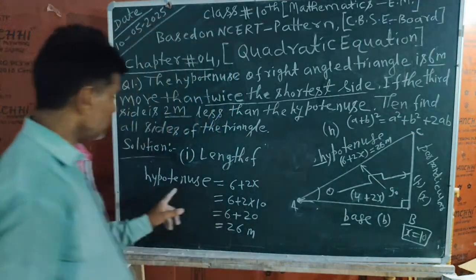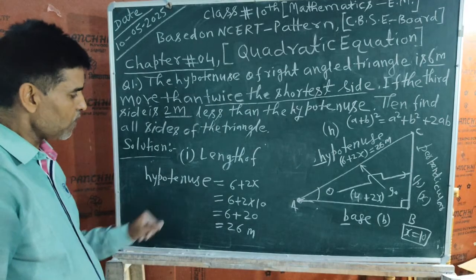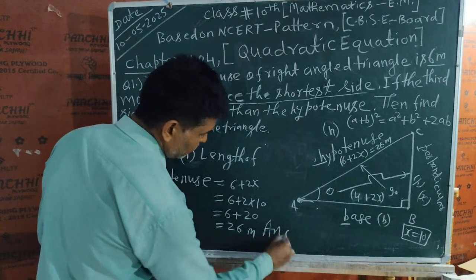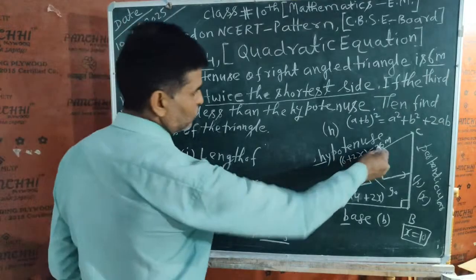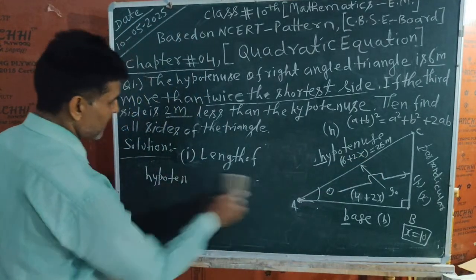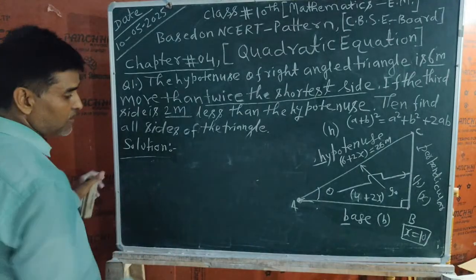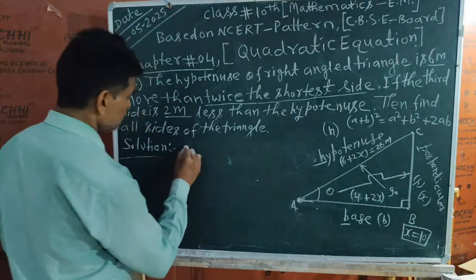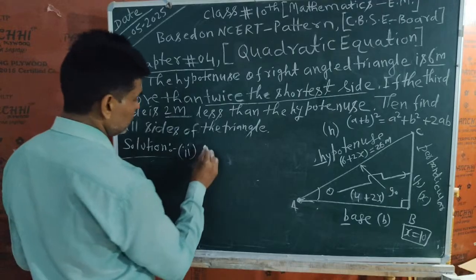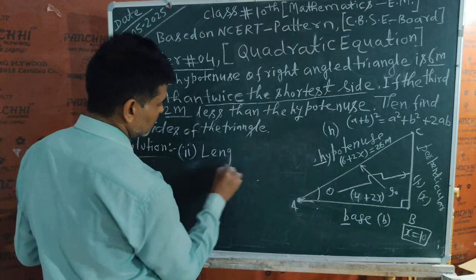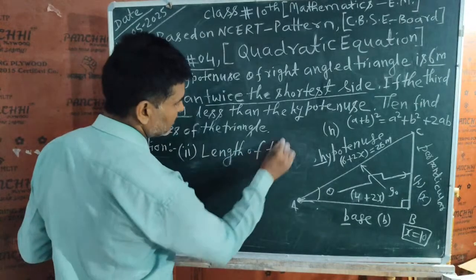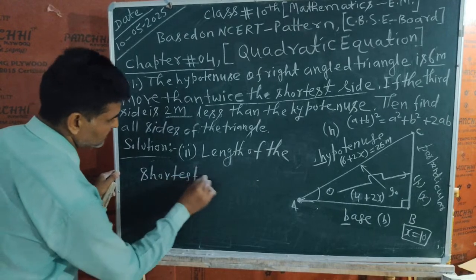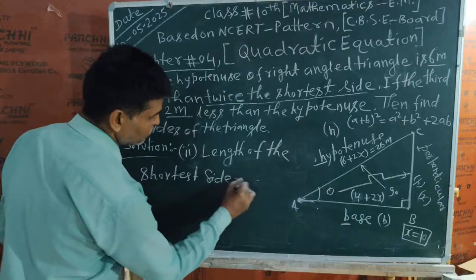Okay, student. Now the value of the hypotenuse I have already obtained. This is one answer of the given question and its value I have stored here. Okay, students. Now I have also got the value of the shortest side, that is the length of the shortest side, which is equal to x.